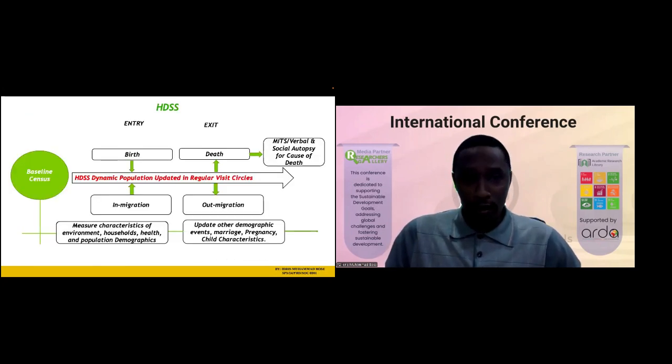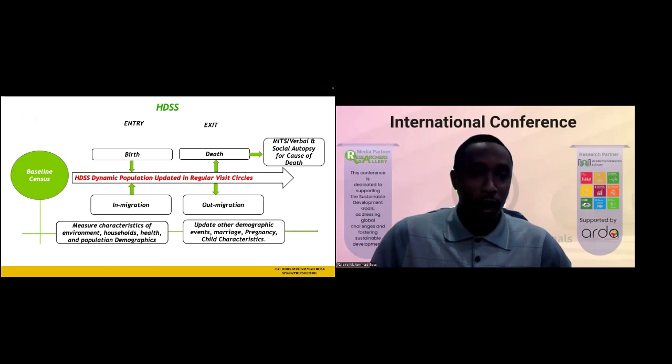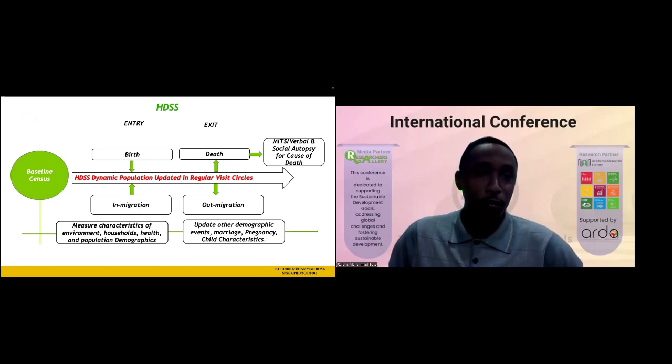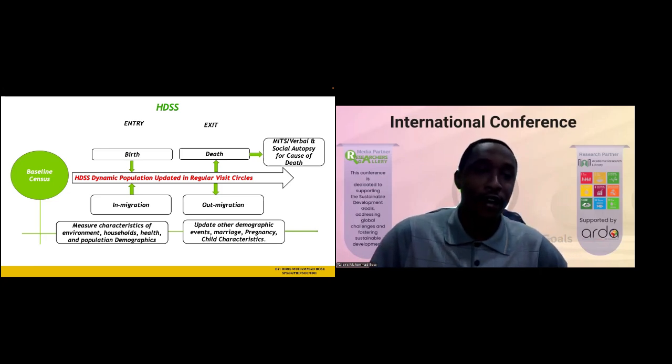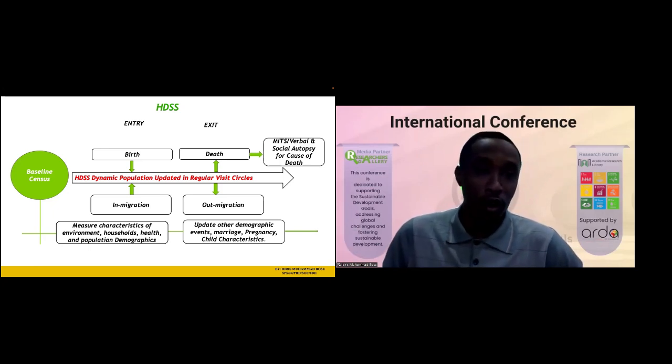This is an explanation of HDSS in infographic. Most HDSS start from a baseline census where a particular geographic area is identified and the entire area is enrolled.